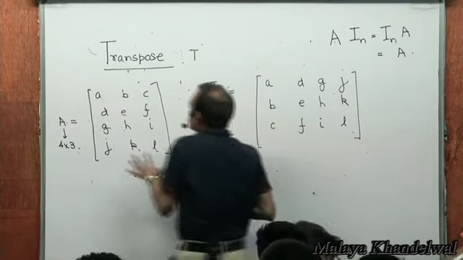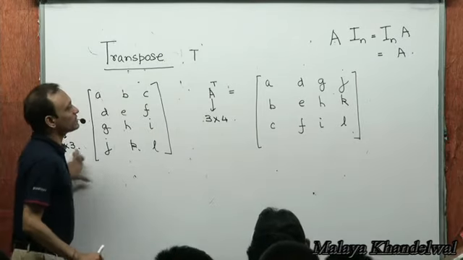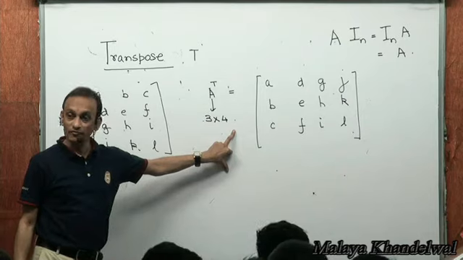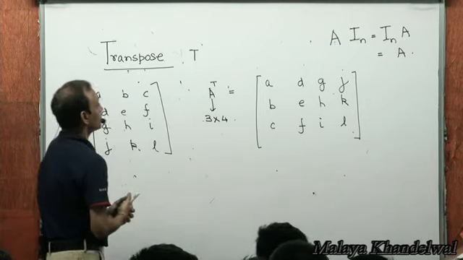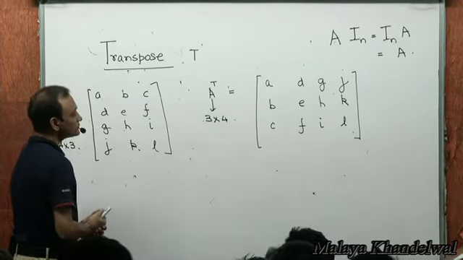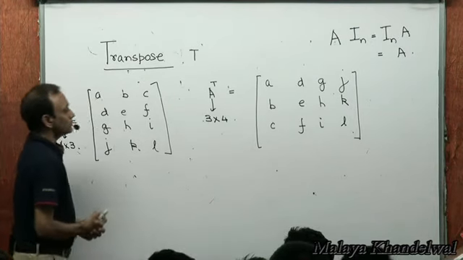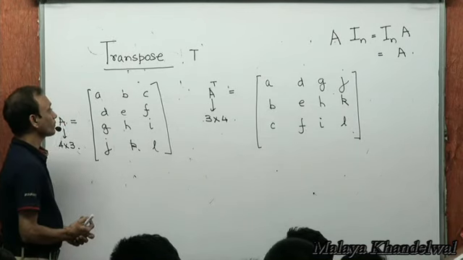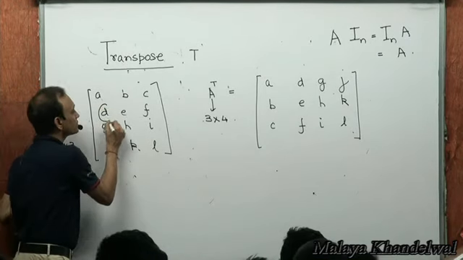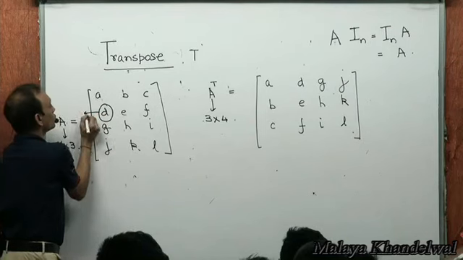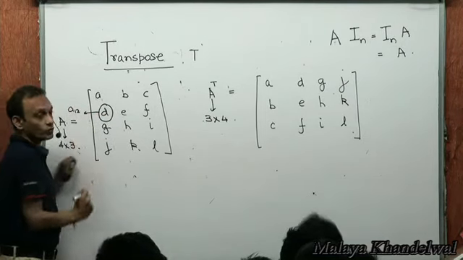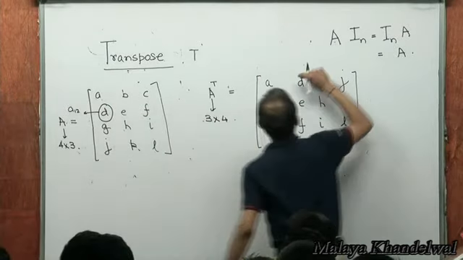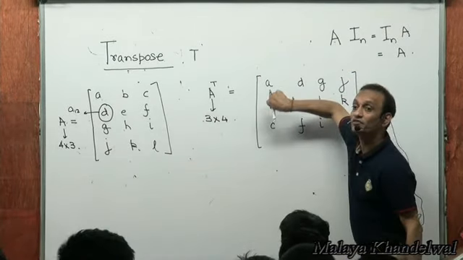Okay, so if A is 4 by 3, A transpose would be 3 by 4. Also, do you see that in a transpose operation, this element that was A12, the element belonging to the first row and second column, is now the element belonging to the second row and the first column?